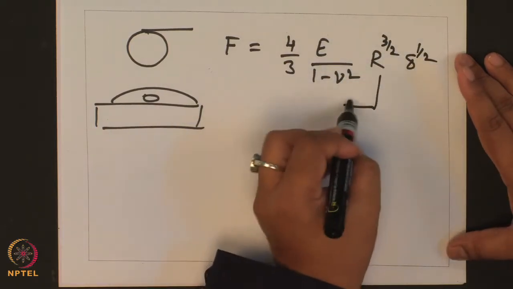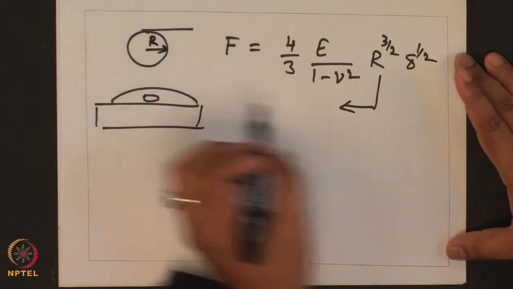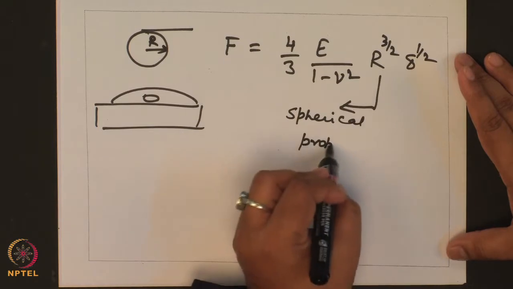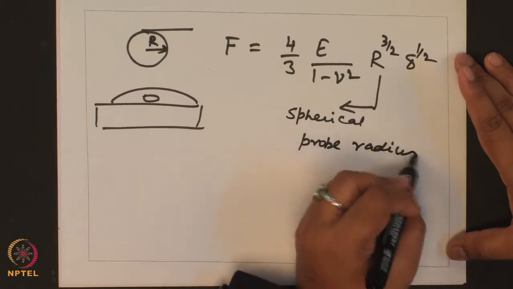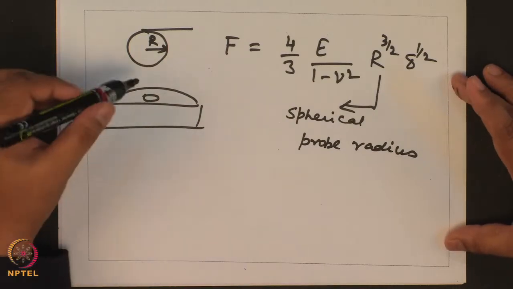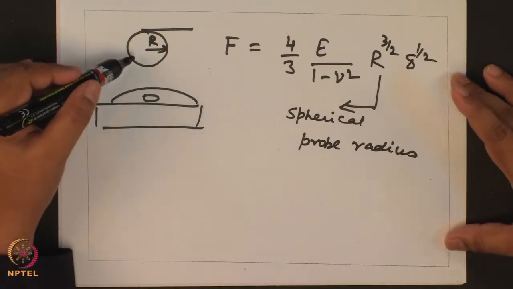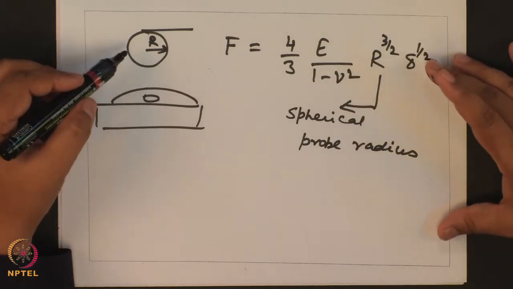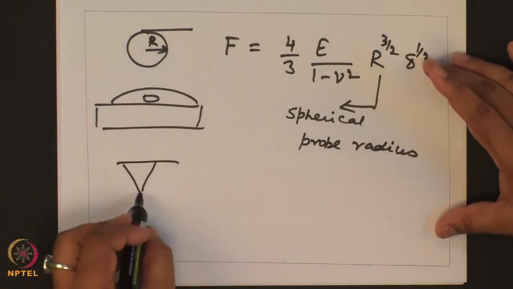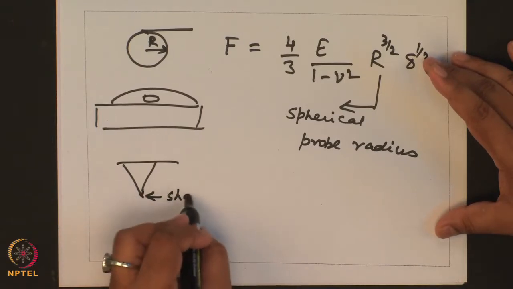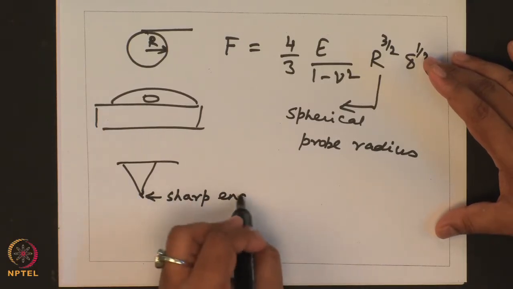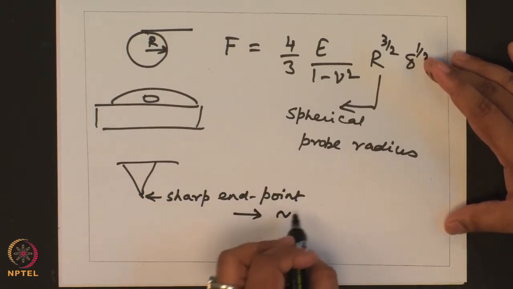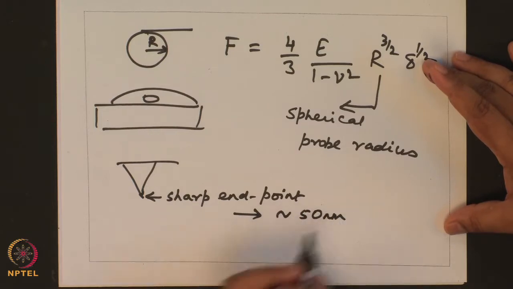Okay. Here R is basically the radius of the tip. Okay. So, generally it is better to indent a cell using a spherical probe than a pyramidal or conical probe, for the simple reason that the pyramidal probe has a very sharp end point, and the end radius of curvature might be of the order of 50 nanometers.